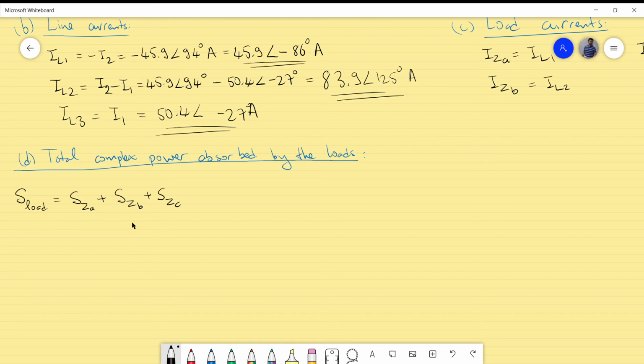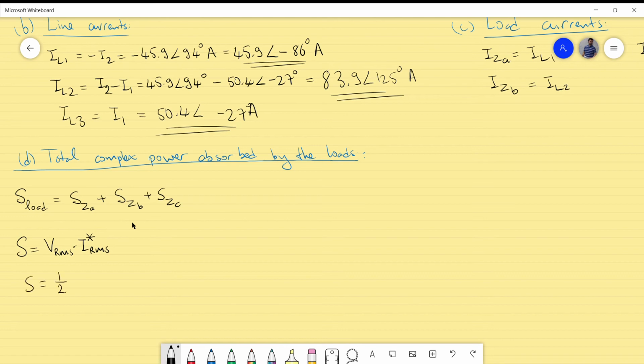But I know the complex power in general form is equal to the RMS value of the voltage times the RMS value of the current in complex conjugate form. Because I have not used RMS values, I can also use the following formula.